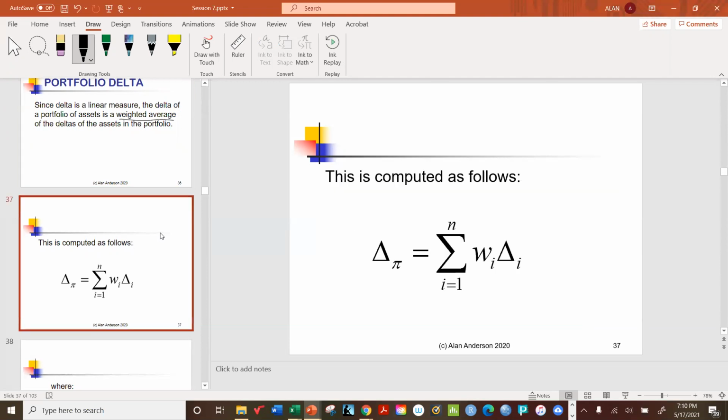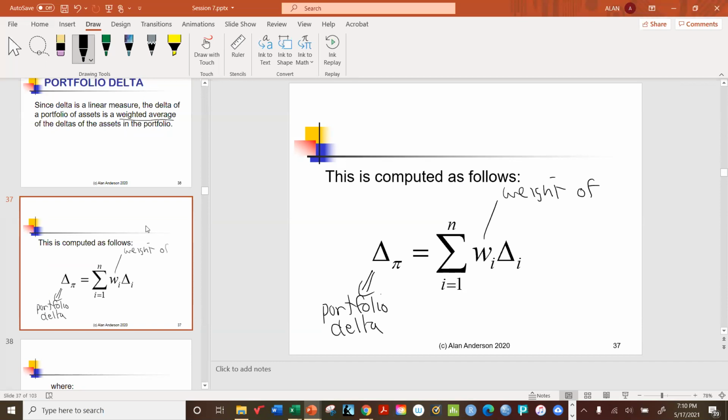Let me show you what I mean by that. This little pie means portfolio. This is the weight of asset i, and that weight means simply what proportion of the portfolio is invested in that asset. And this is the delta of asset i. So we just add up the weights times the deltas, and we have the entire portfolio delta.